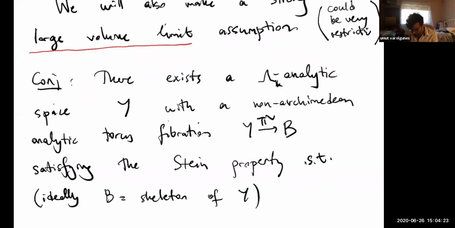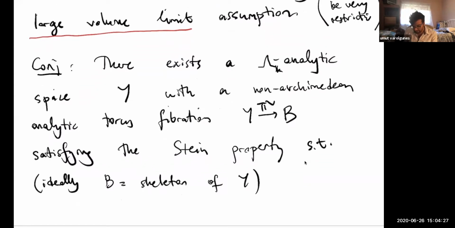There should exist an analytic space Y with a non-archimedean analytic torus fibration to the same base. This data should induce an integral affine structure on the smooth points of B, and it should be the same integral affine structure that I started with.